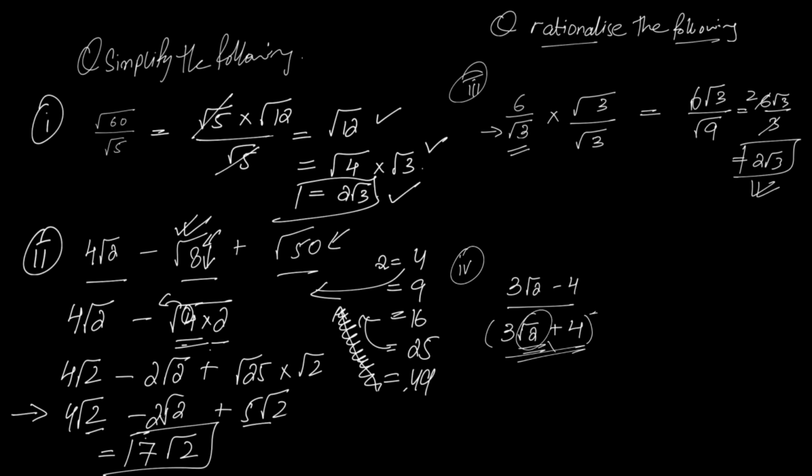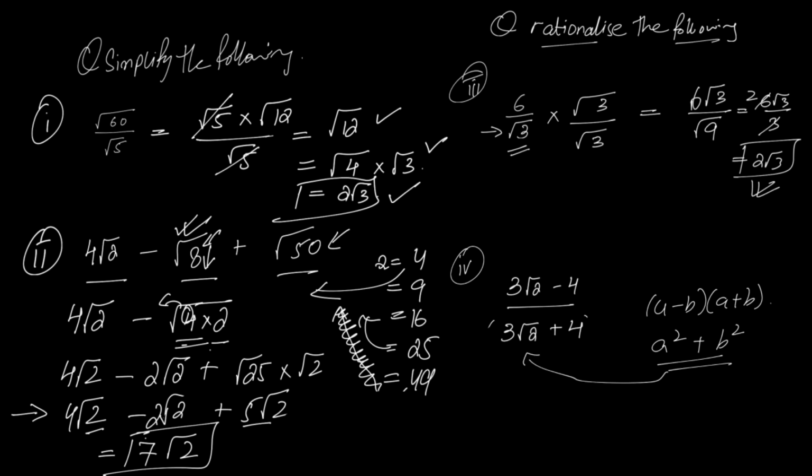So to eliminate that, we can use the identity, which is a minus b, a plus b, which gives us a square minus b square. So if we do this, we will get this to be 9, and then this to become 2, and this to become 16. So the bottom will be rationalized if we are able to do this.